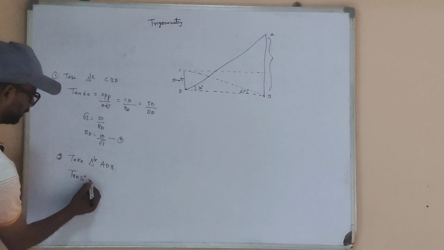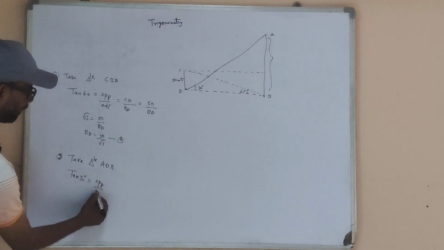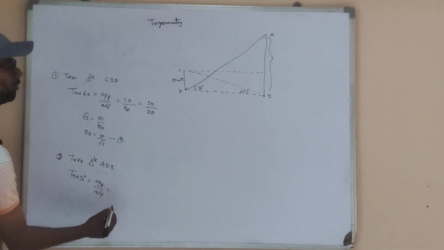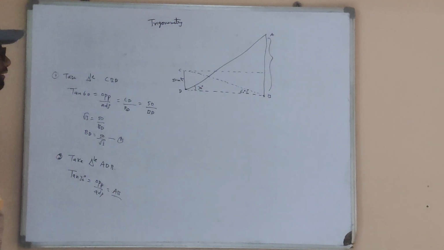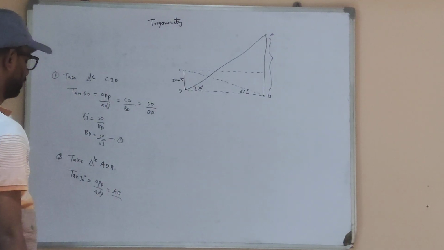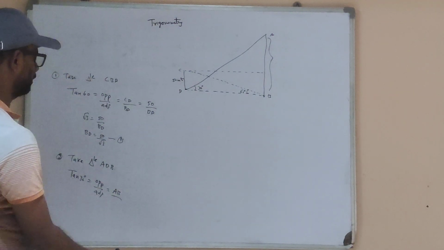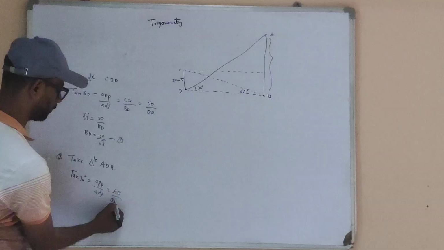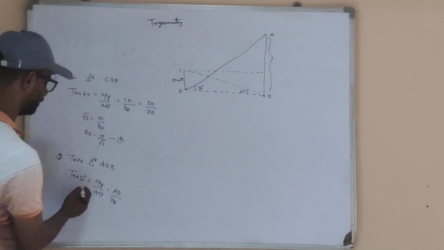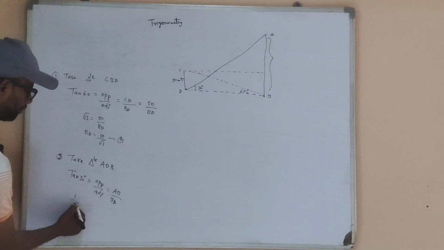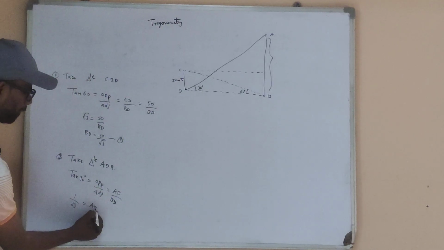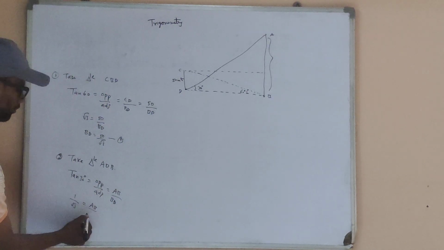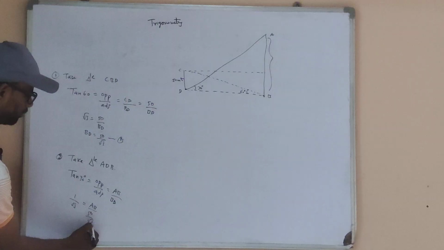Tan 30 degrees is equal to opposite by adjacent. The opposite side we don't know, it is the height of the building. Adjacent side means what? BD. Okay. So tan 30 means how much? 1 by root 3 is equal to AB, we don't know, by BD, which is 50 by root 3.